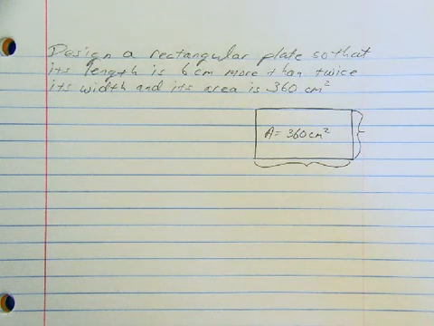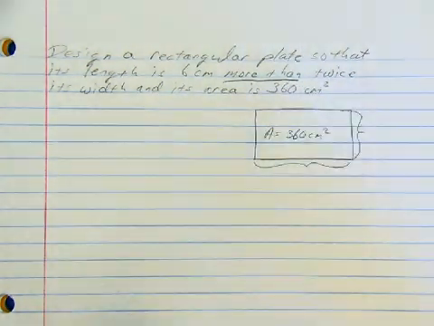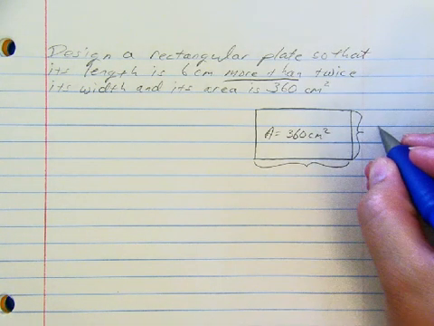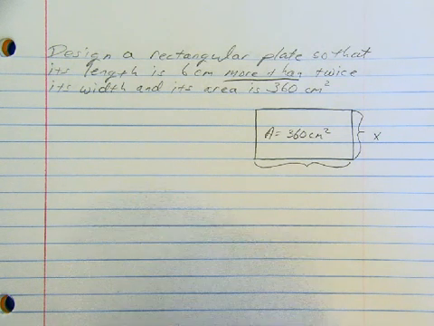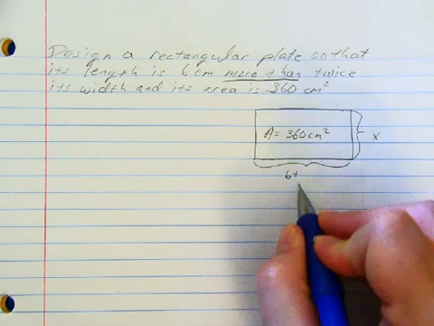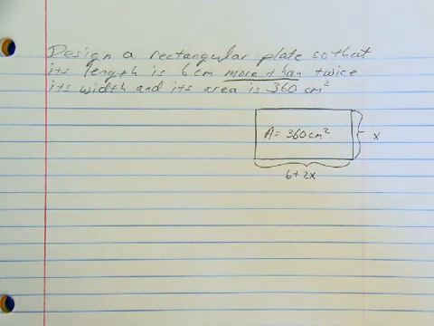It says its length is 6 centimeters more than twice its width. More than means we're going to add. So let's say its width is x, then its length is going to be 6 more than twice the width, so 6 plus 2x.